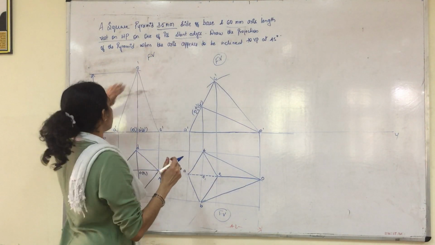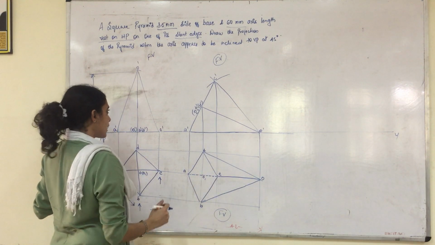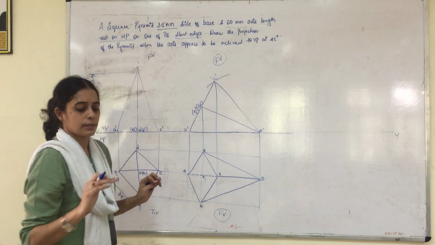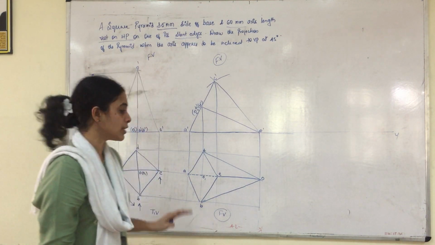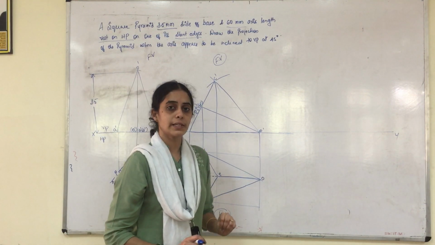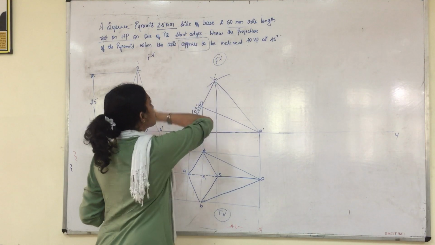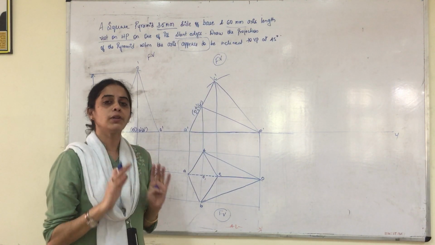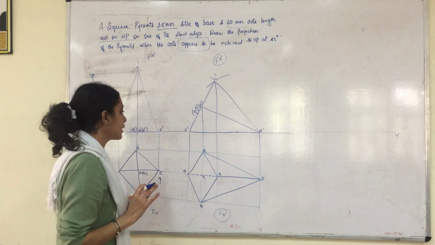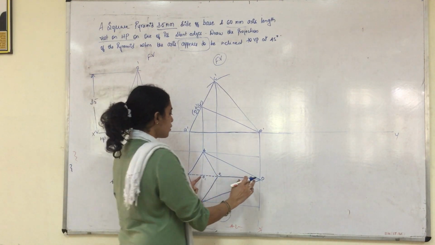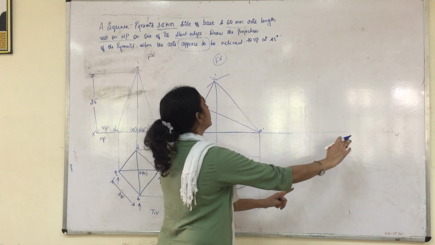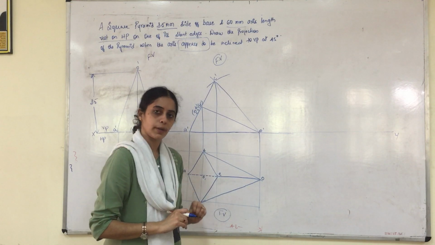In that case, you won't be getting the true length in the second stage. So we have to construct the beta angle and then shift the second stage to that of the third stage problem. But in this case, it is only told appears to be inclined, and hence no need to determine the apparent angle. We can directly shift the apparent length to 45 degrees to VP.